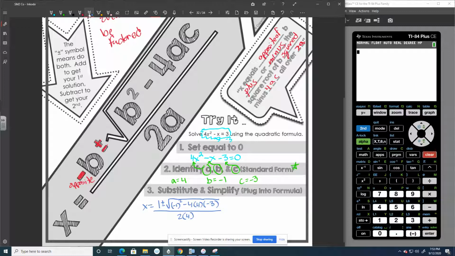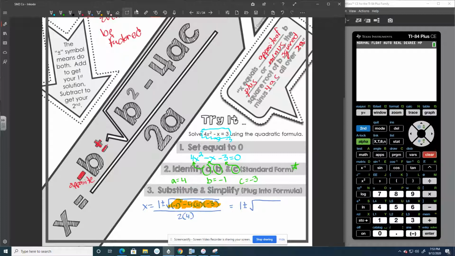I would recommend don't plug this whole thing in the calculator. Just plug in what's underneath the square root first. So what I mean is I'm going to change this to 1 plus or minus the square root of something.